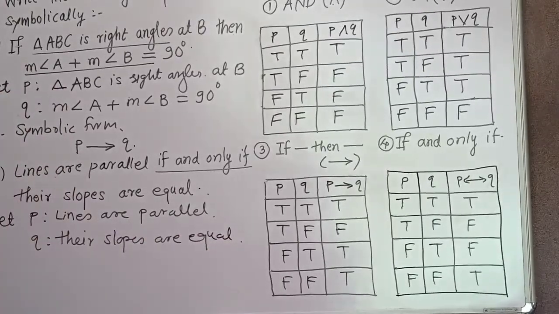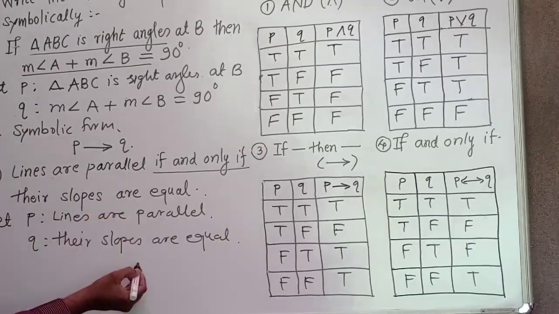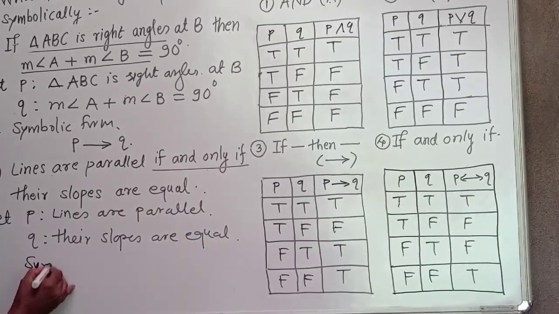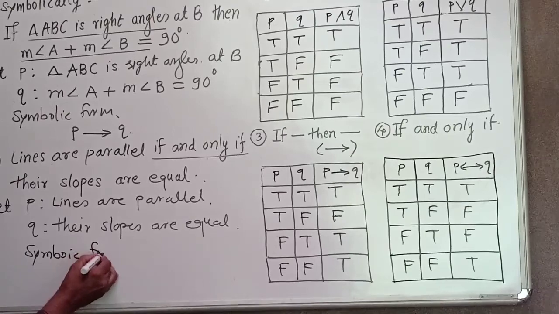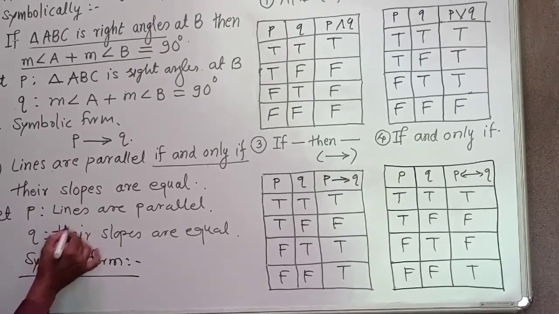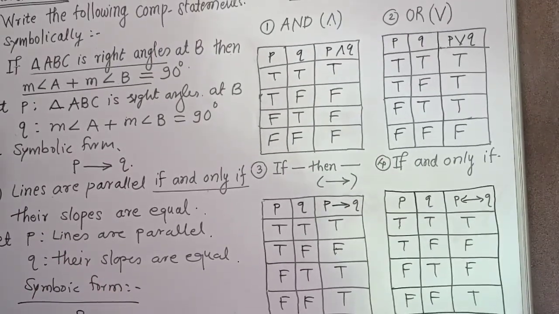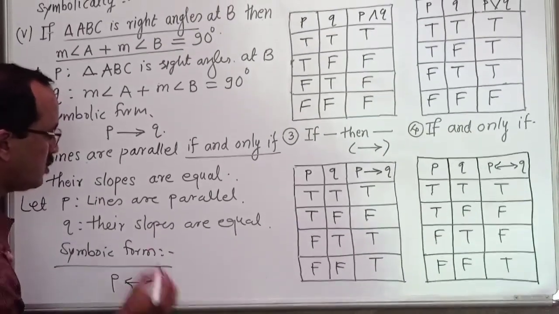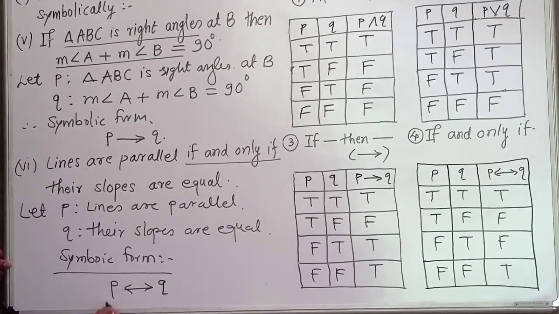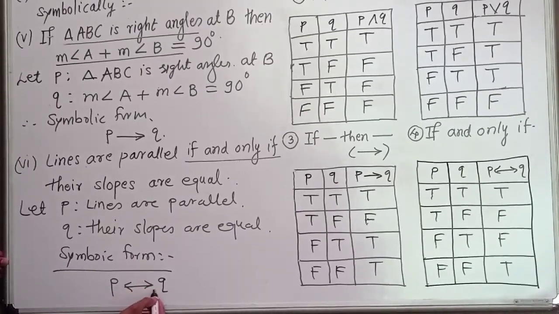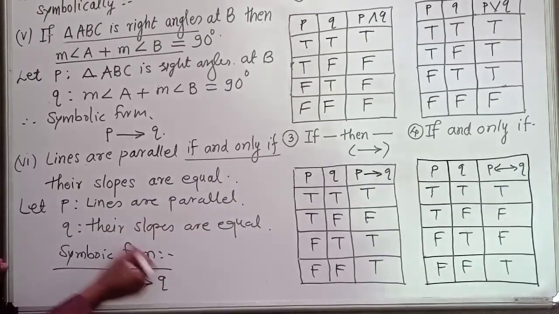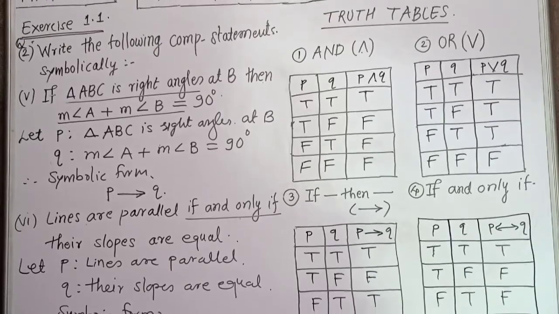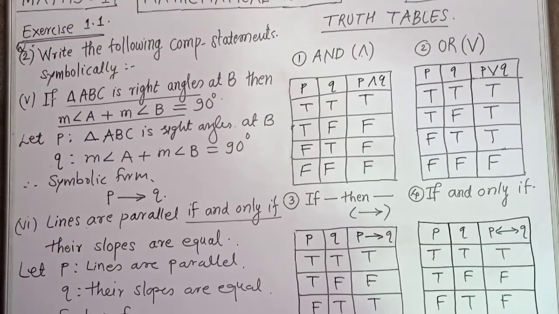So these are two separate statements combined by using the connective if and only if. Its symbolic form is first statement P, then the symbol for if and only if is a double-sided arrow, and then the second statement Q: P if and only if Q. So this is question number 2 in exercise 1.1.